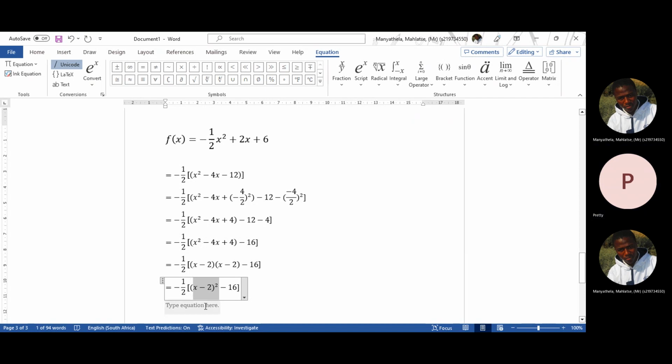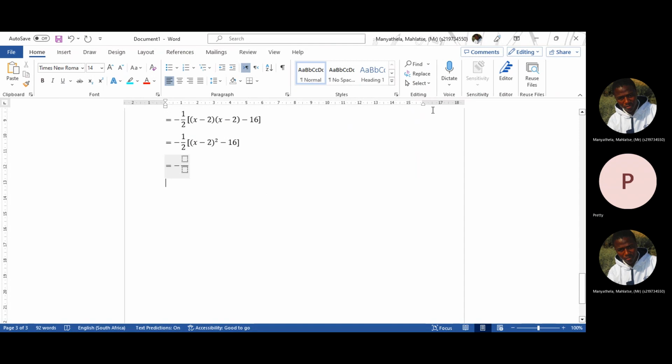Multiply this thing: it removes the square bracket, but it remains attached to what's inside the round bracket. So minus 16 times minus half, because negative times negative is positive, gives positive 8.